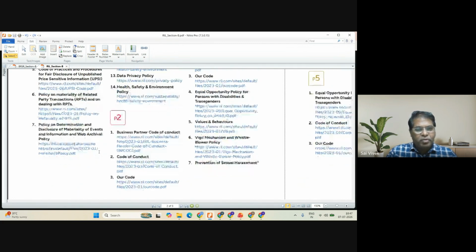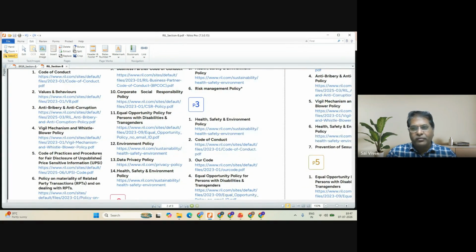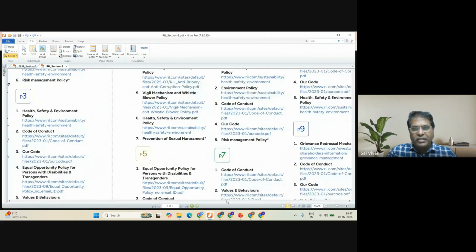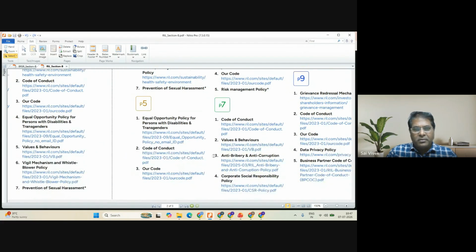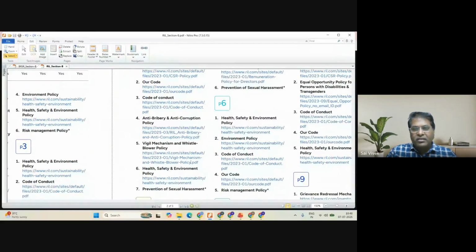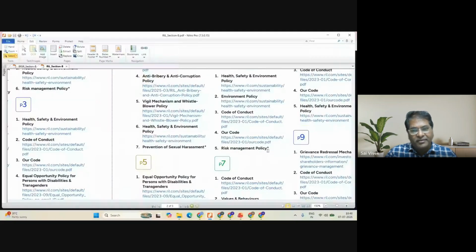Similarly for principle 2, principle 3, principle 4, principle 5. So you can see here for principle 5, it is equal opportunities policy for persons with disabilities and transgenders, code of conduct, the code here. The 6th one is about environment, health, safety and environment policy, code of conduct and risk management policy.